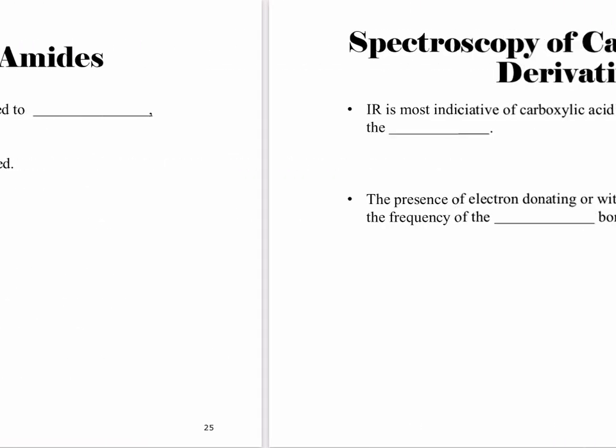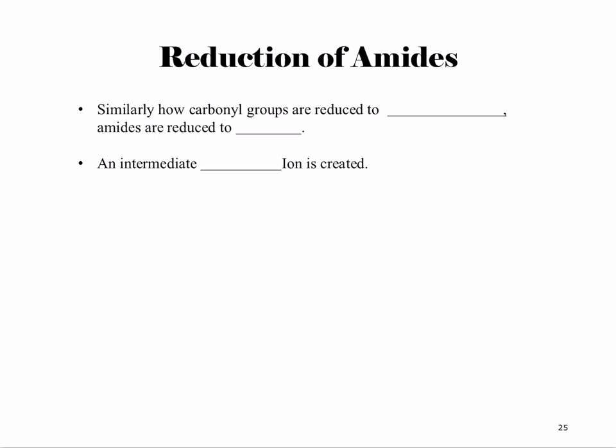The last reaction that we're going to talk about for amides is going to be the reduction of amides. And so similarly to how carbonyl groups can be reduced to alcohols, amides are reduced to amines, right? So instead of creating or breaking carbon oxygen bonds in the case of reduction, breaking carbon oxygen is one way that we can reduce.